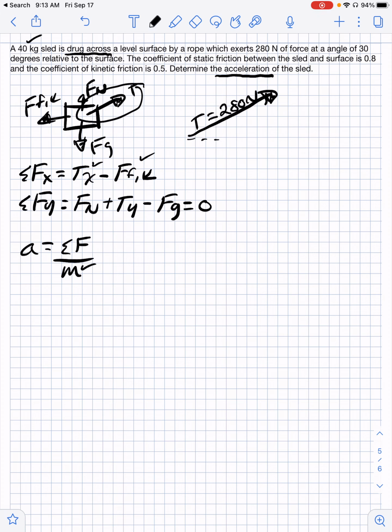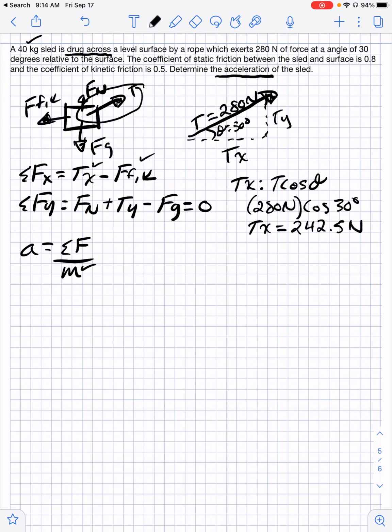We end up with T cosine theta. So we plug that in, we get 280 newtons times cosine 30 degrees, and when we plug that in, we end up with Tx equal to 242.5 newtons.